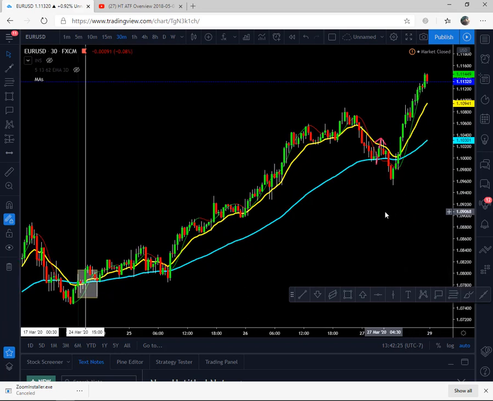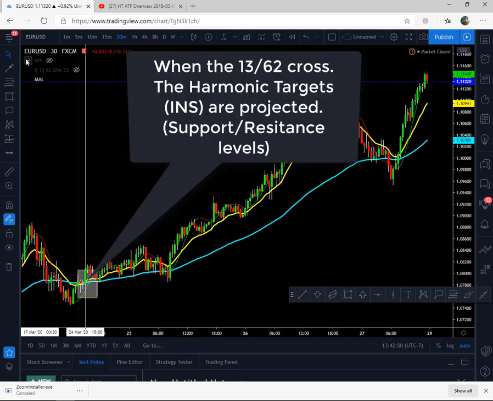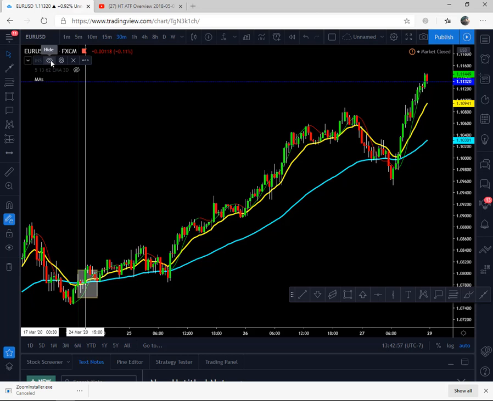Okay, so basically the INS harmonic targets is essentially a byproduct of the 1362 cross. So I'll show you now how that works. So this is the INS indicator.